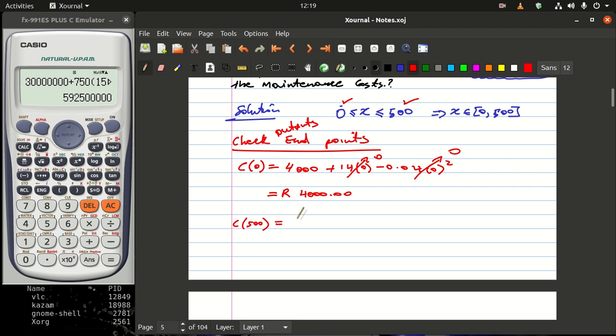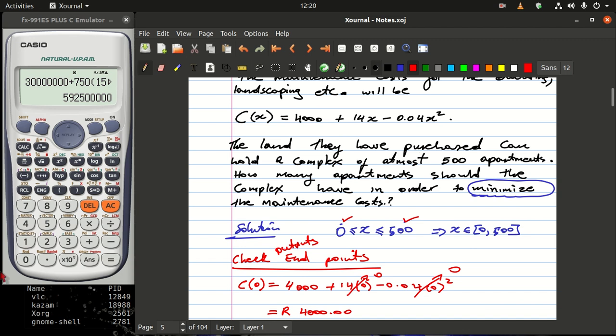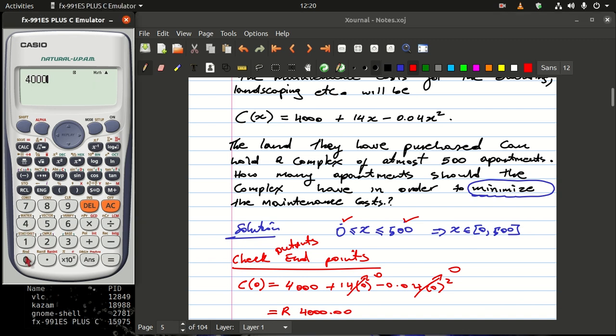Here you will end up having 4,000 plus 14 times 500, and then minus 0.04 times 500 squared.